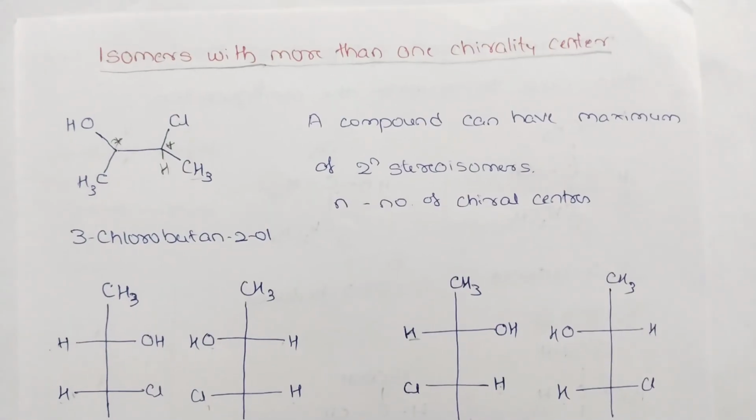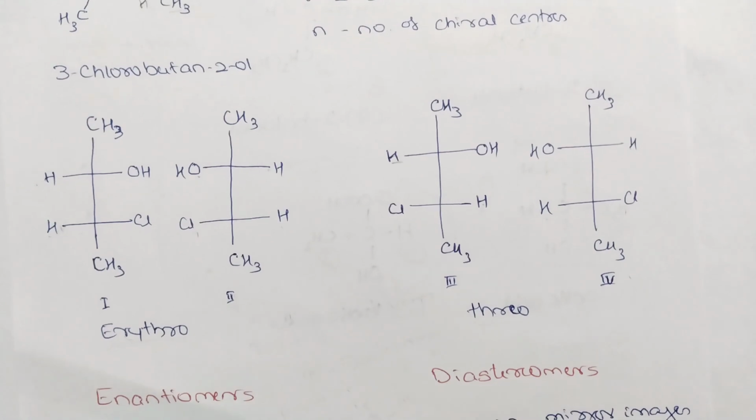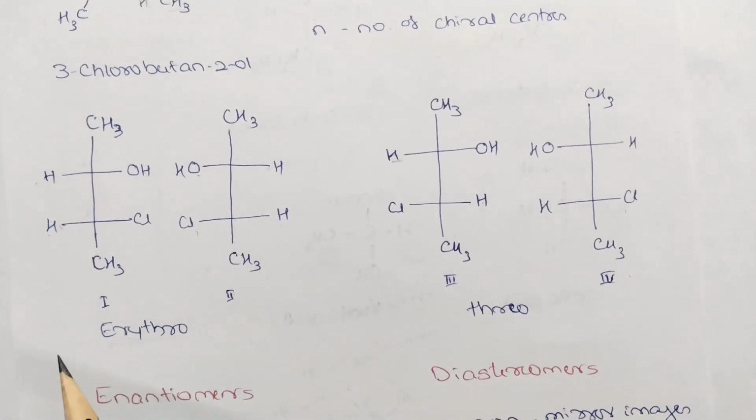When we have two chiral carbons, we can describe the relative configuration of that isomer by giving a prefix. Those prefixes are called Threo and Erythro. Then what are Threo and Erythro? Let's discuss Threo and Erythro. When two identical groups are attached to the two chiral carbons on the vertical line, we can give the prefix Threo or Erythro.